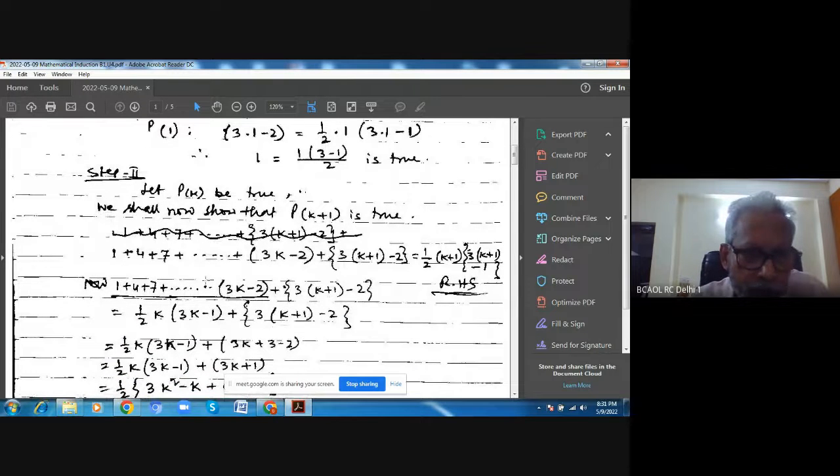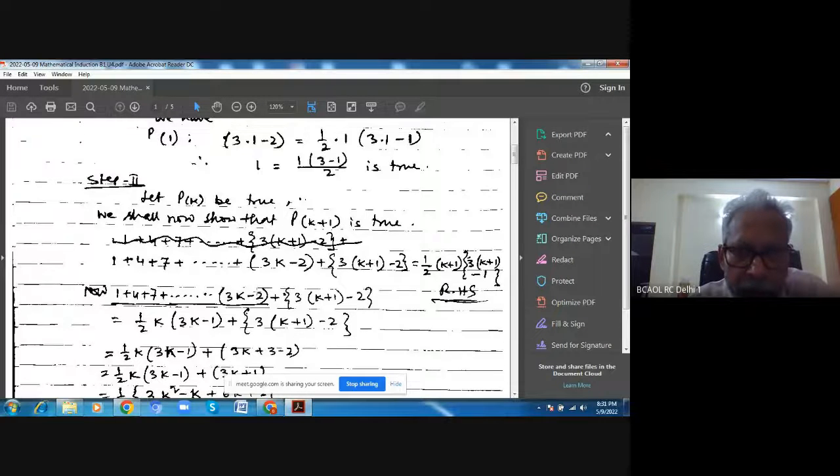Now you see 1 plus 4 plus 7, up to 3k minus 2, as usual it is there, and 3k plus 1 minus 2. Now maybe you are confused about why this part and this part.